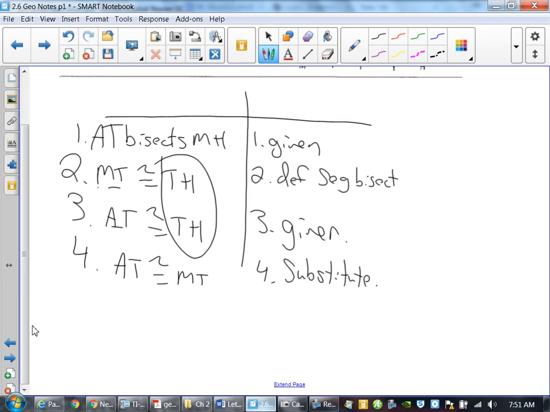Done. That's it. That's all it was. Boom, boom, boom. Done. In this case, all you had to do was come up with one step on your own, and that step was the substitution step. Everything else was either given to you, or it was written up in such a way that you could follow your progression sheet. Okay?